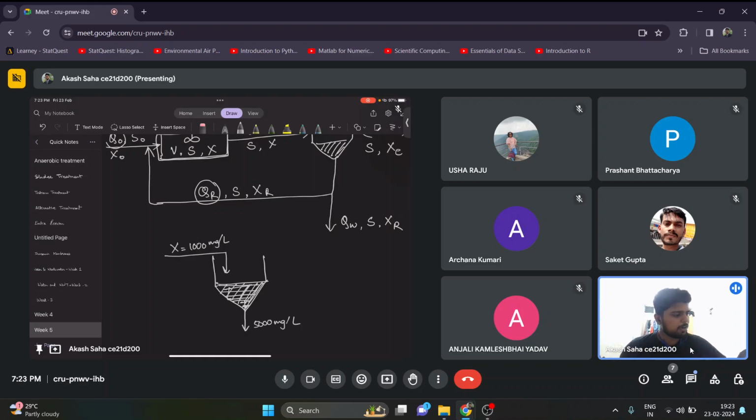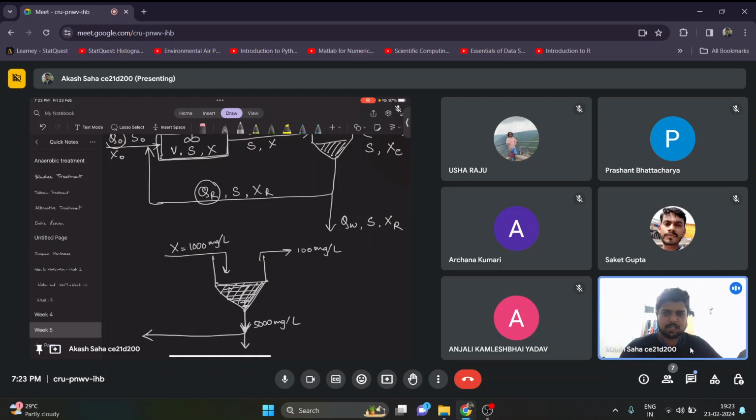And whatever will be left in the effluent will be much lesser, maybe 100 milligram per liter. Now what is coming out from the bottom, the same will be recycled back, and the same concentration will be wasted. There is no change. There is no division in this.